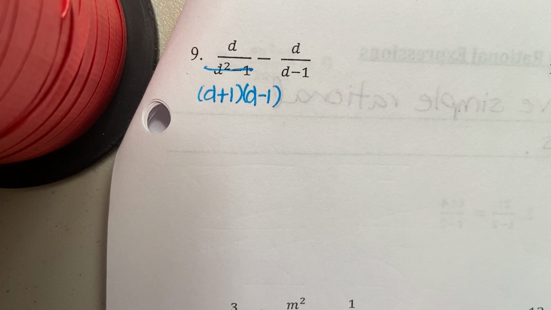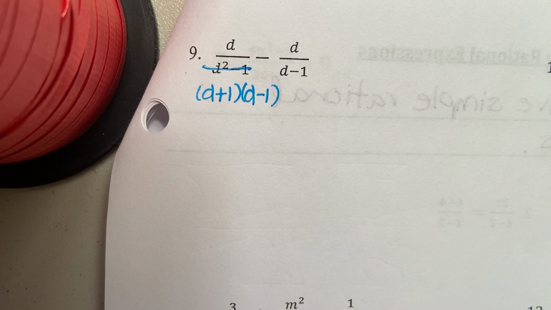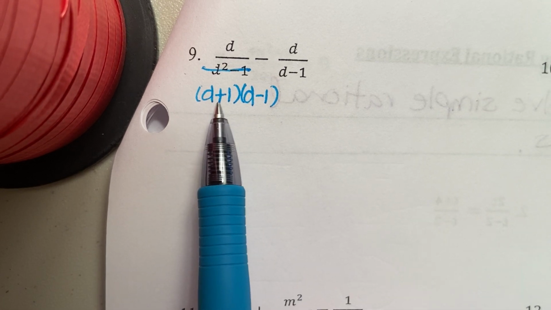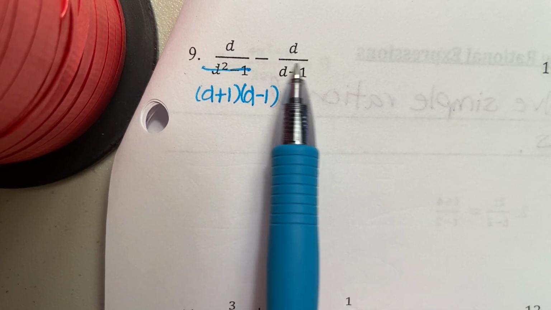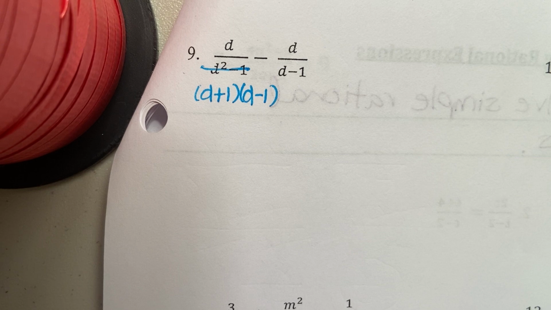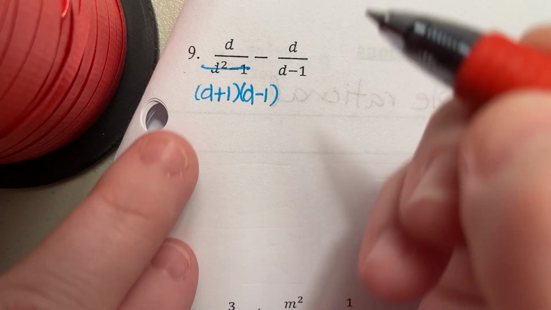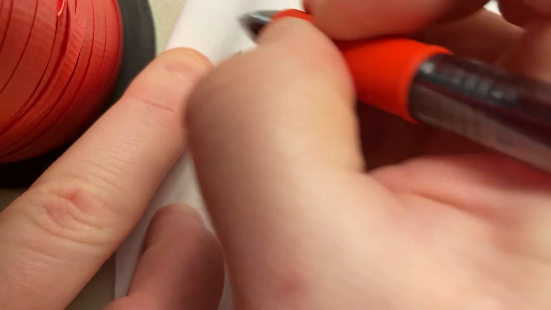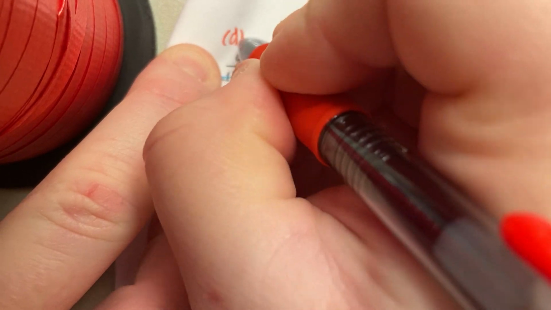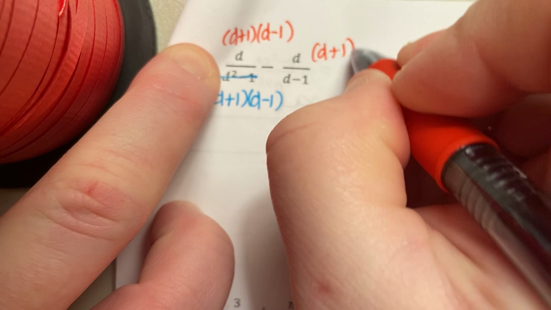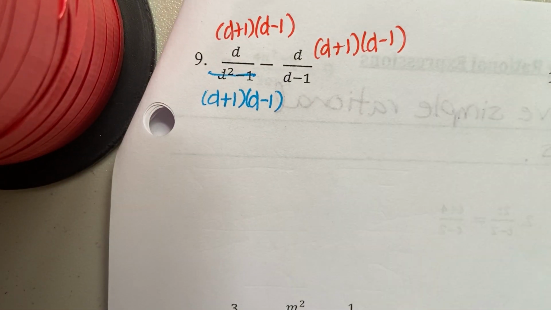And now I'm going to determine my common denominator. Well, d plus 1, d minus 1 includes this. So that would be the common denominator. So I'm going to multiply both terms by d plus 1, d minus 1. All right, both terms.